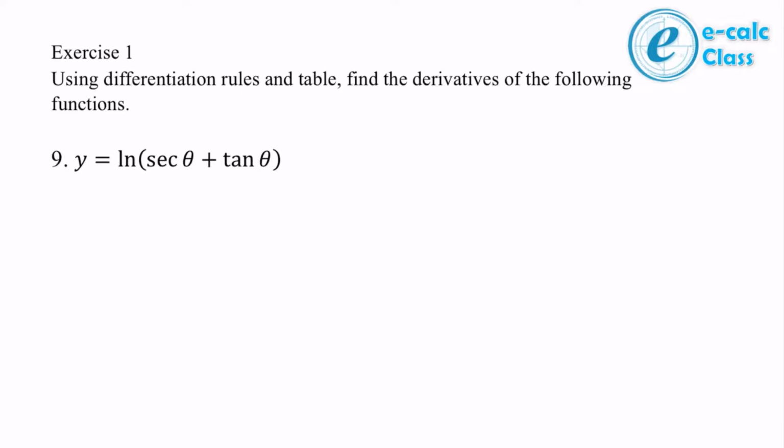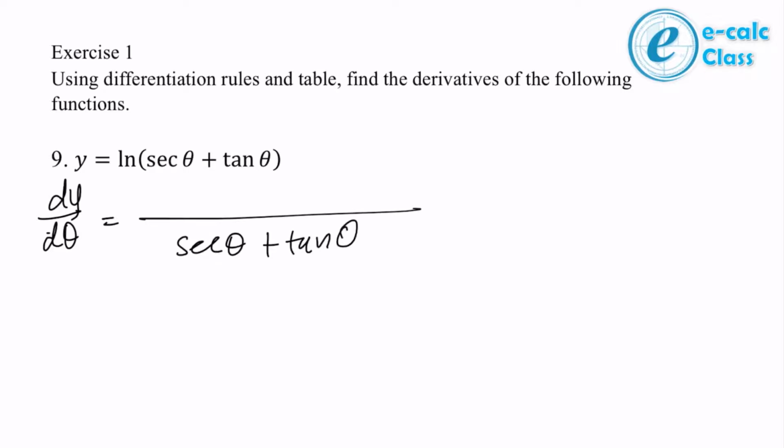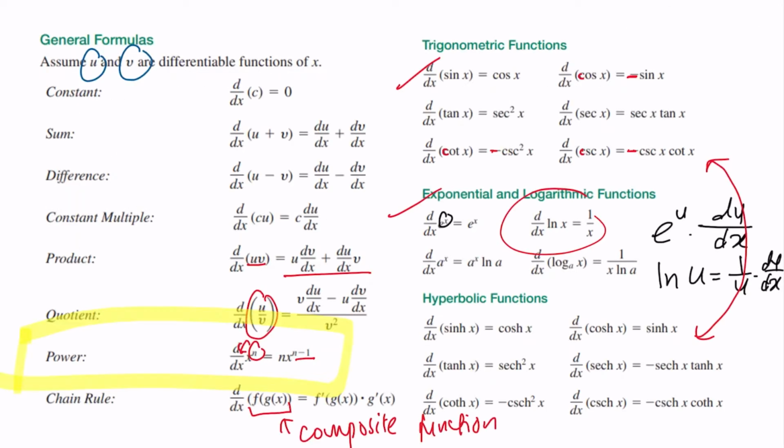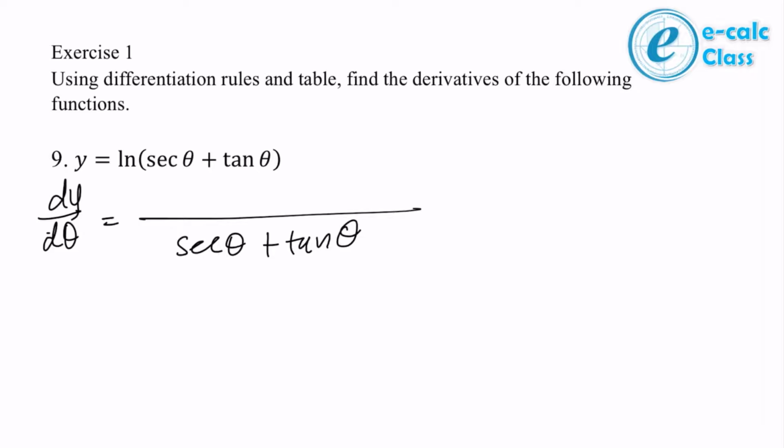Number 9 is ln, and inside we have secant and tangent. It's the same, like I said, whenever you have ln, then you take 1 over whatever is inside, and go and differentiate whatever is inside. You differentiate secant, it should be a positive secant theta tangent theta.